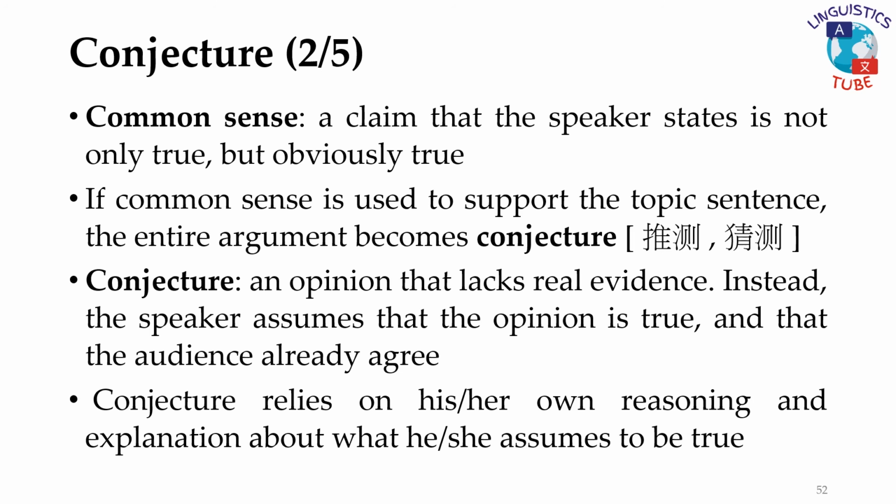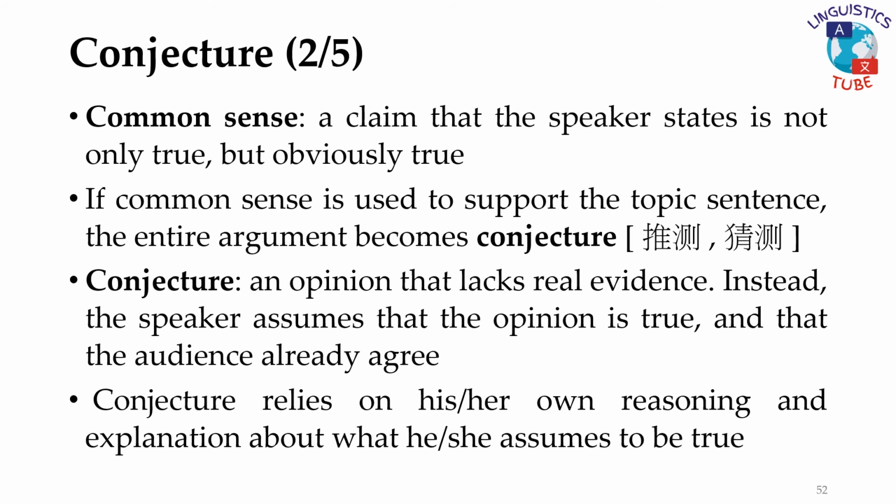Conjecture is an opinion that lacks valid evidence. Instead, the speaker assumes that the opinion is true, because the speaker assumes that the audience already agrees with the opinion. So, in an argument with conjecture, the speaker makes a claim, but has no evidence to prove it.